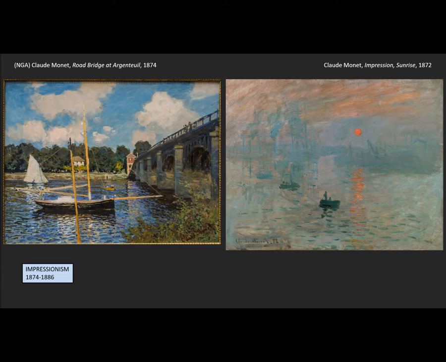On the left, he focuses on a brand new bridge in this distant suburb of Paris. Argenteuil is up the Seine from Paris, right? A little bit closer to the ocean. These days, it's been swallowed by Paris, right? You can take the RER to Argenteuil. I was in France last summer, and we were trying to get past Argenteuil to a little place further out, where we were going to spend the night before we went to the airport, right?